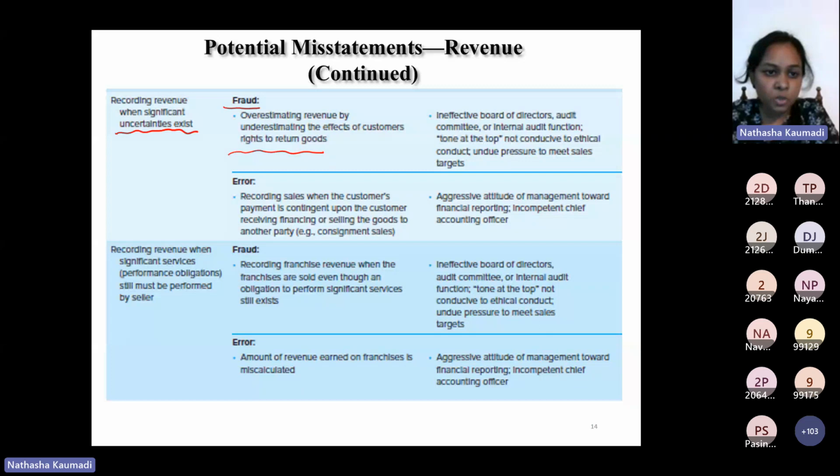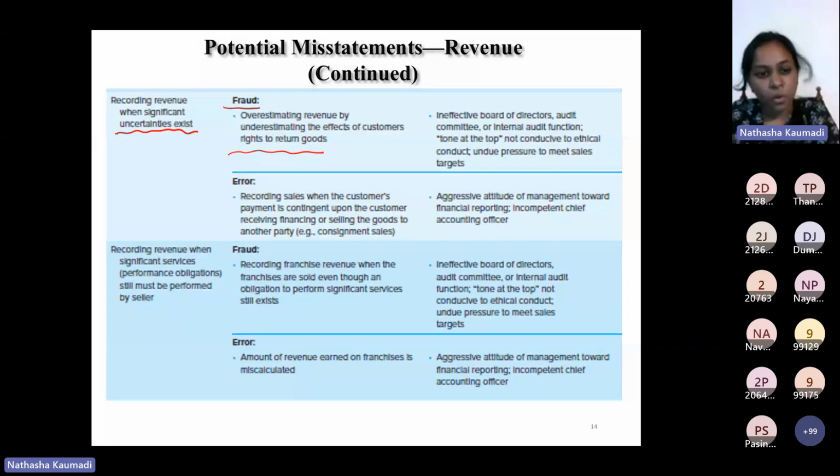You don't consider that those uncertainties exist, but you just record the revenue as final. So even though you have recorded them as revenue, the final figure, still you have returns. So when you have returns, the revenue is not there, right? So there can be misstatements with regards to returns as well.